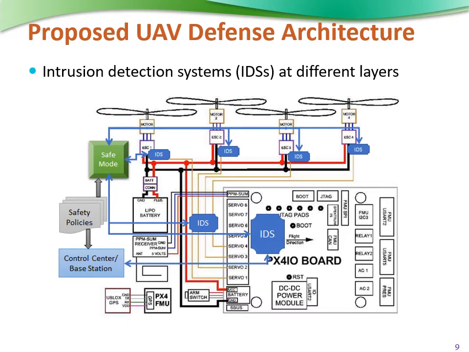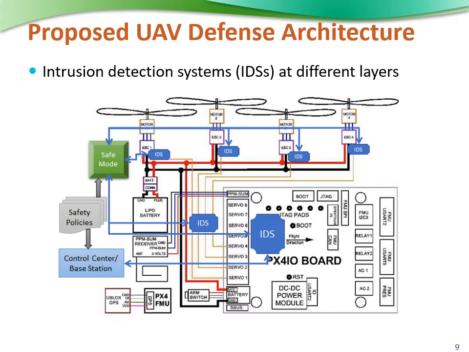We want to deploy them at the controller level, that is the firmware operating system; then the communication channel between the controller and the inverters, that is the ESC, from the PWM signal generators; and the last one is at the individual inverter or ESC level. According to its level of deployment, the capability of this intrusion detection will be defined.